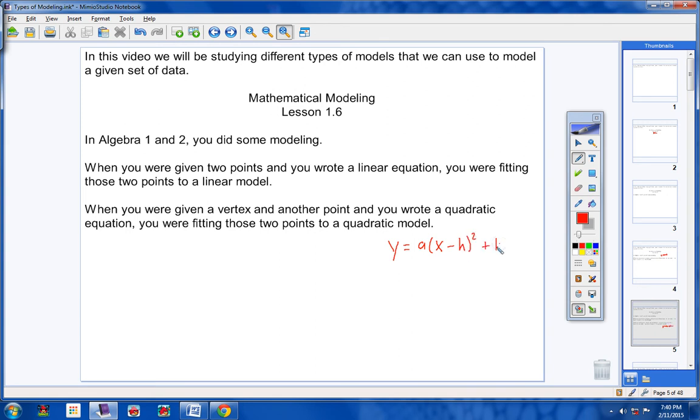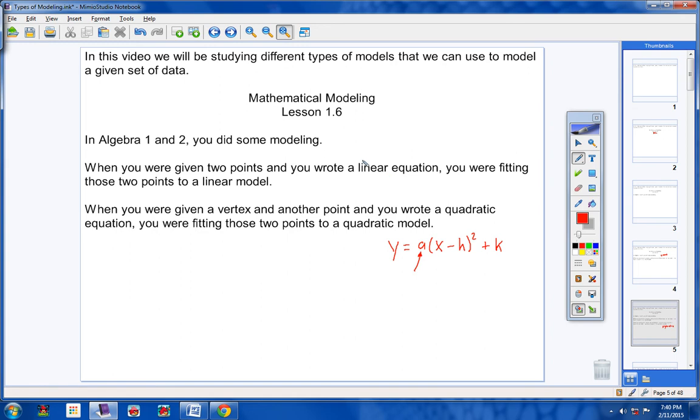You were fitting those points to a quadratic model where h and k were your vertex, and your x and y were the other point that was given to you, and your a was a constant term. So you would find a and then write your model.